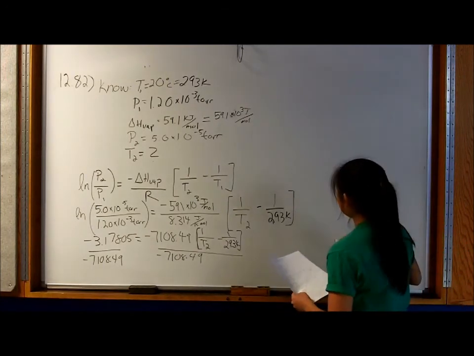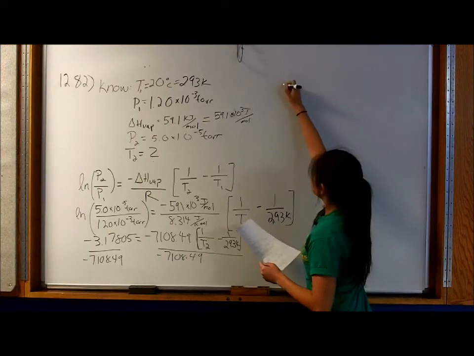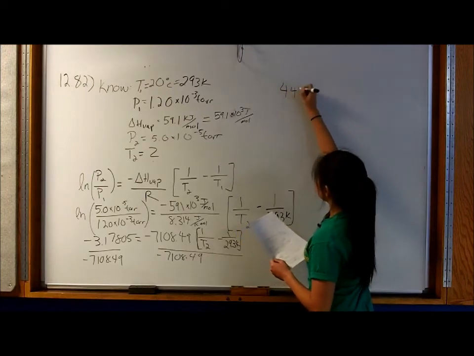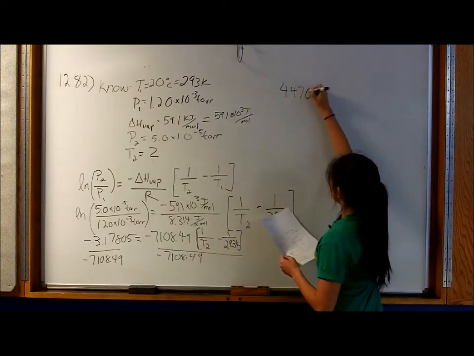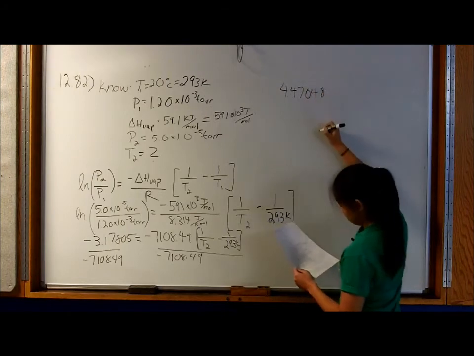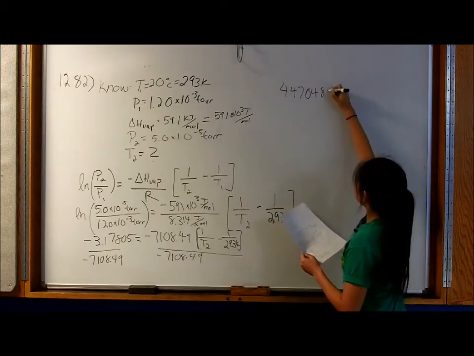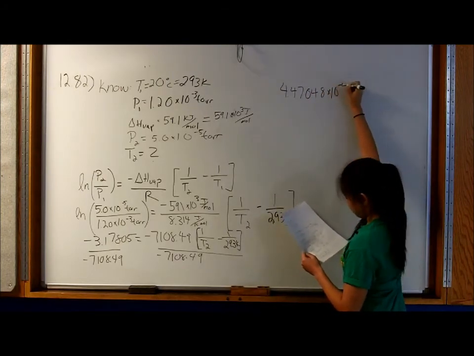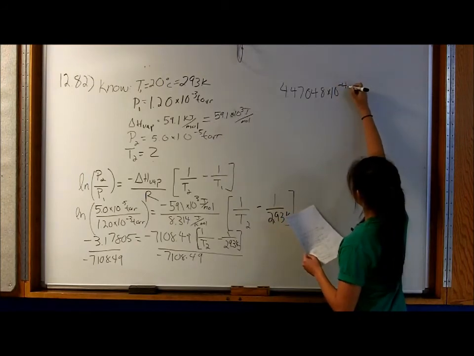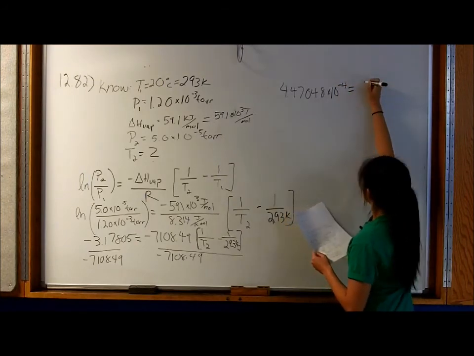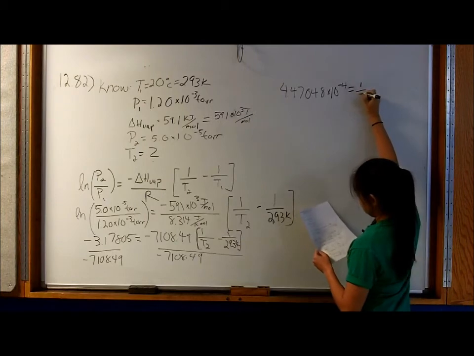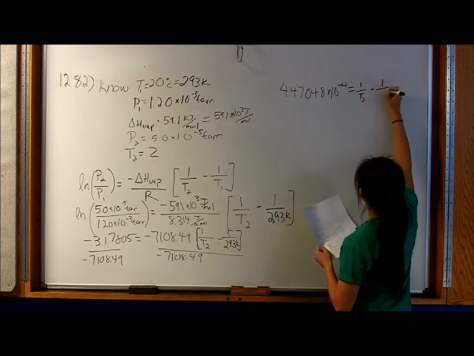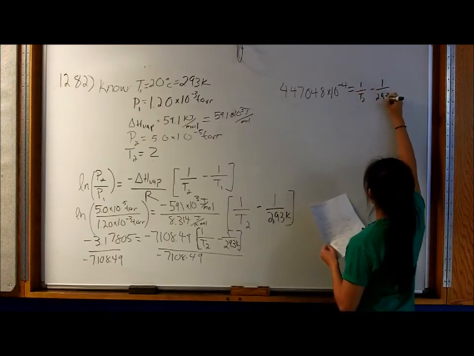So now the value you get for that is 4.47048 multiplied by 10 to the negative fourth equals 1 over T2 minus 1 over 293 Kelvin.